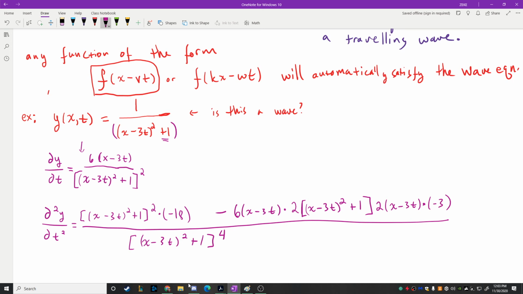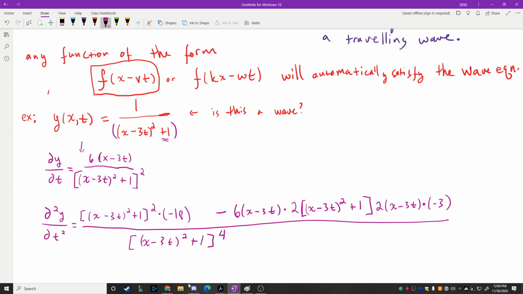That feels right. -3 times 2 times 2. All right. So altogether, we end up with this function right here.